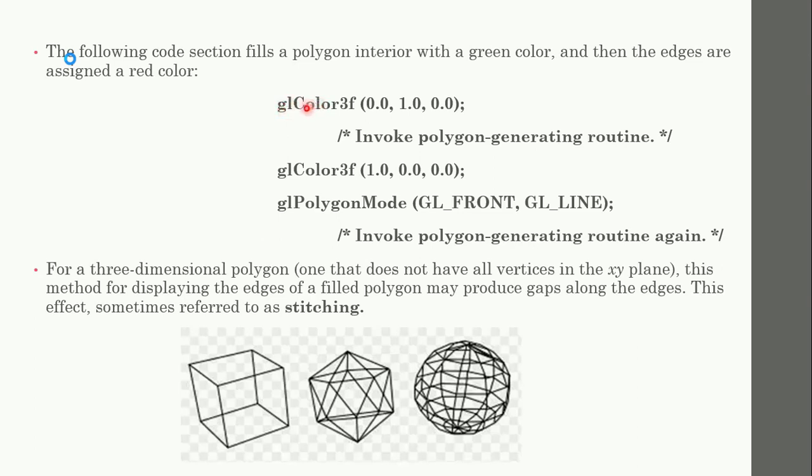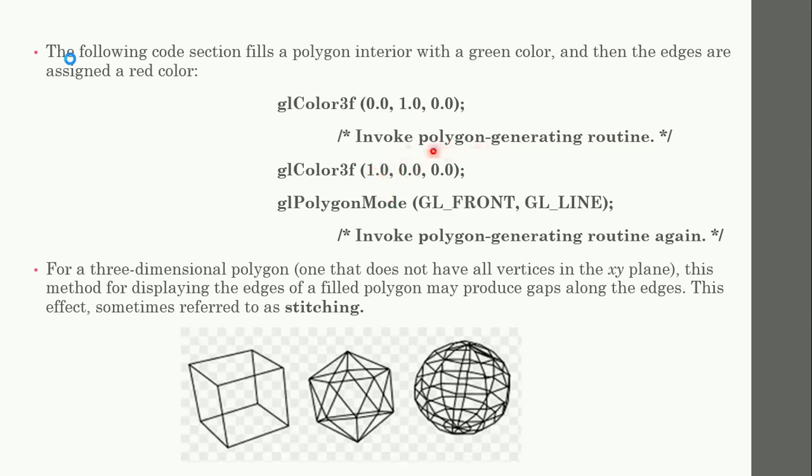The following code section fills the polygon interior with green color and the edges are displayed in red color. See the RGB color, the green color you have is for polygon filling. The polygon color is green and the edges are displayed in red color.